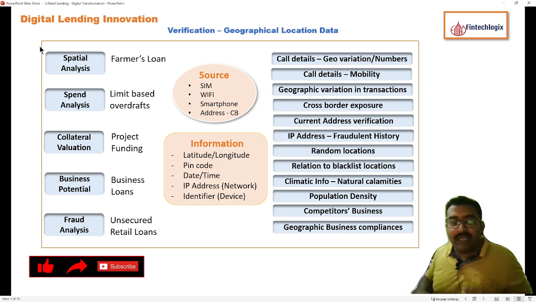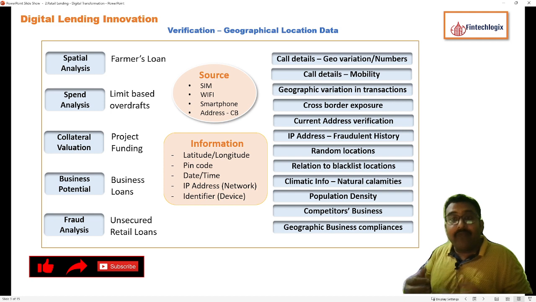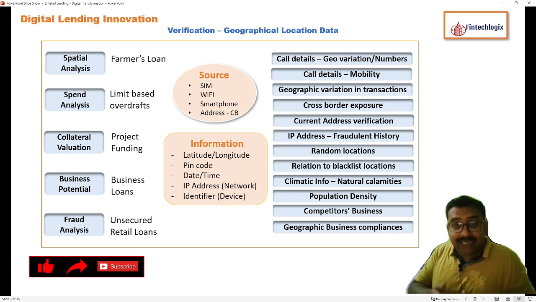Basically we are finding out the location's history of climatic changes, and whether it is exposed to any natural calamities or not. That comes in handy in deciding farmer loans, your interest rate, and whether there is any additional risk to add any spread, etc.